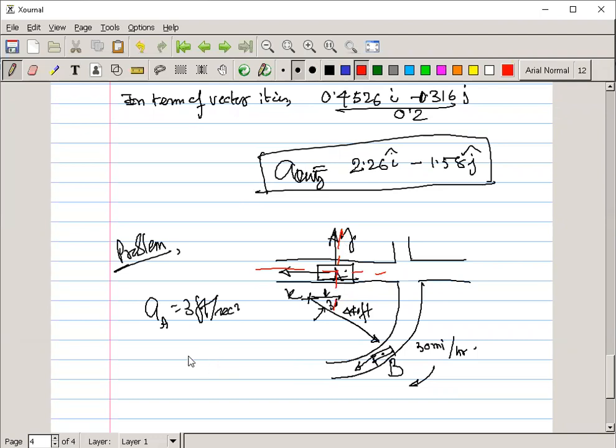So take velocity of B is VA plus VB by A. Clear?